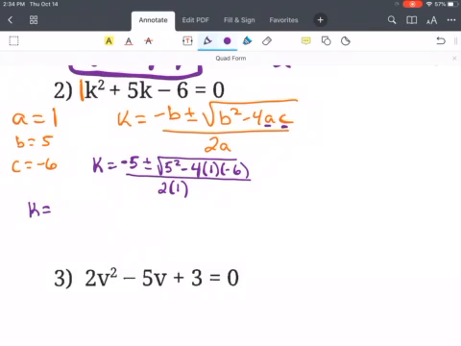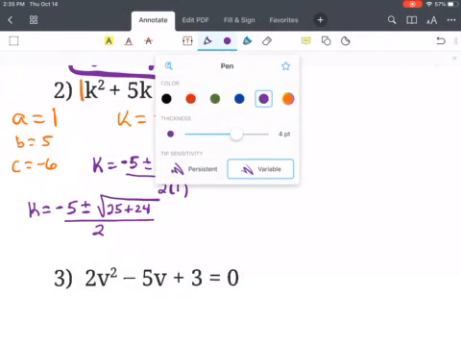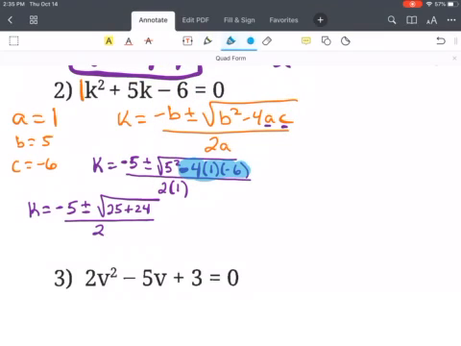Simplify inside our square root now. It's negative 5 plus or minus the square root of 25, and we have a negative 4 and a negative 6, which means it's going to be plus 24. Divide all of that by 2. We can then simplify 25 plus 24, which is 49.